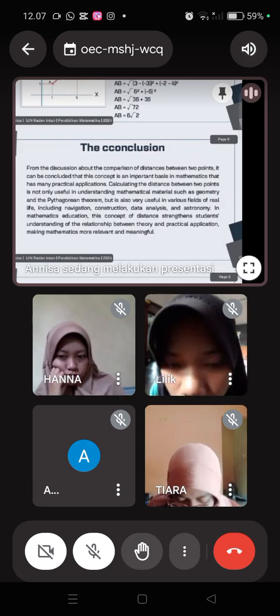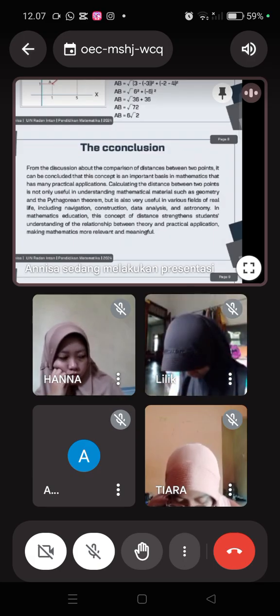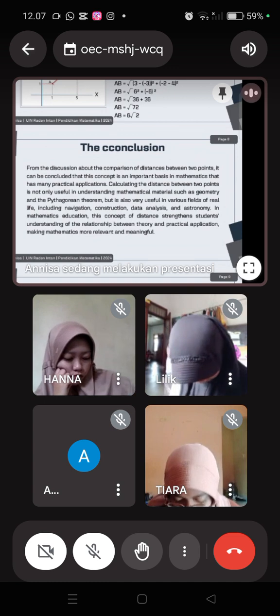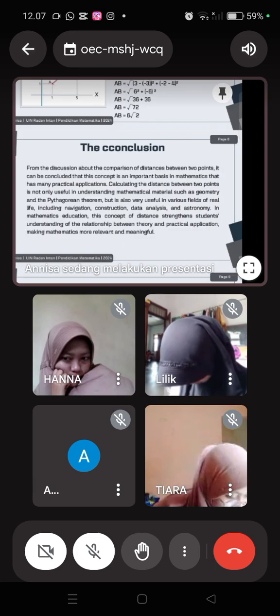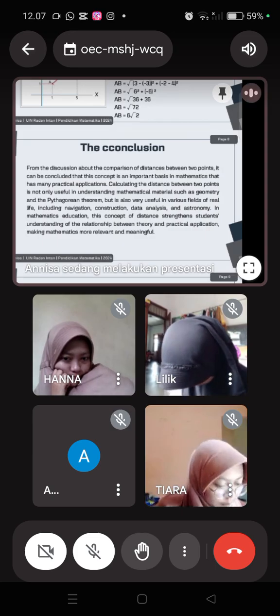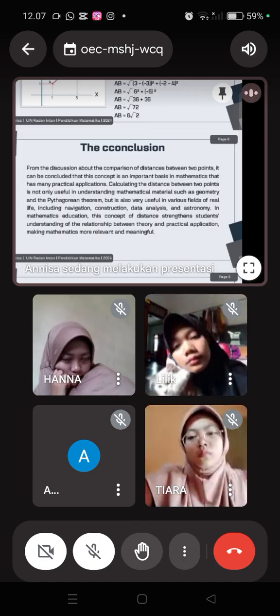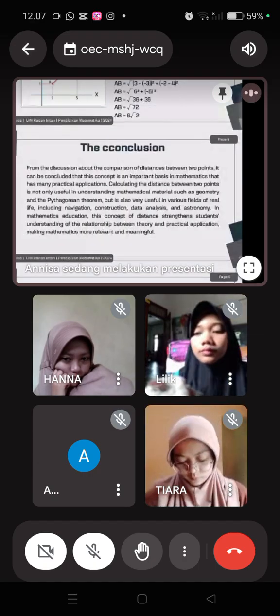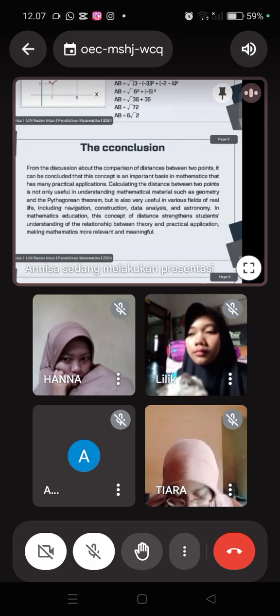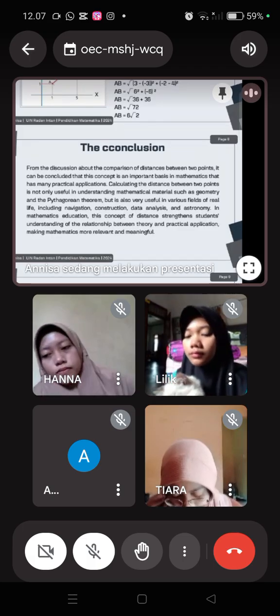In mathematics education, this concept strengthens students' understanding of the relationship between theory and practical application, making mathematics more relevant and meaningful.